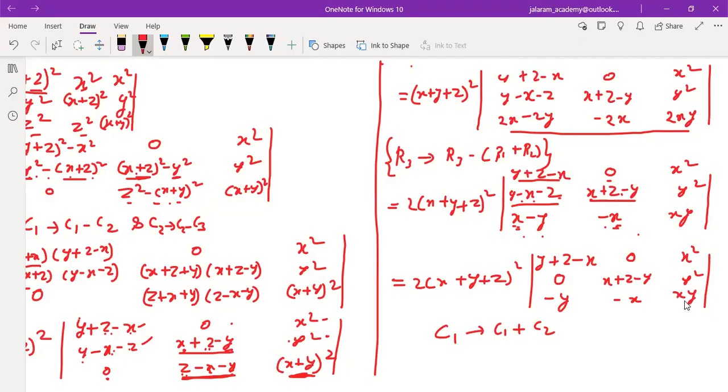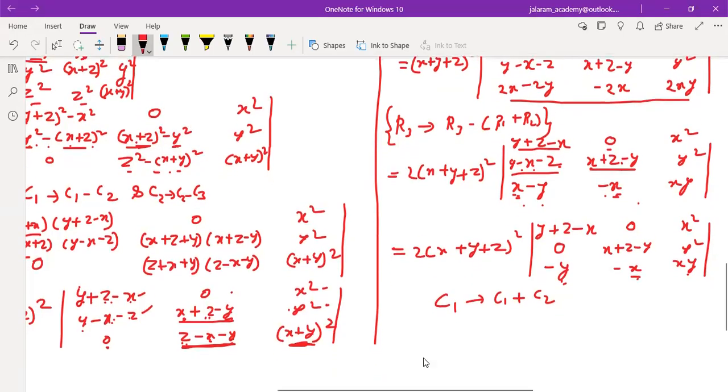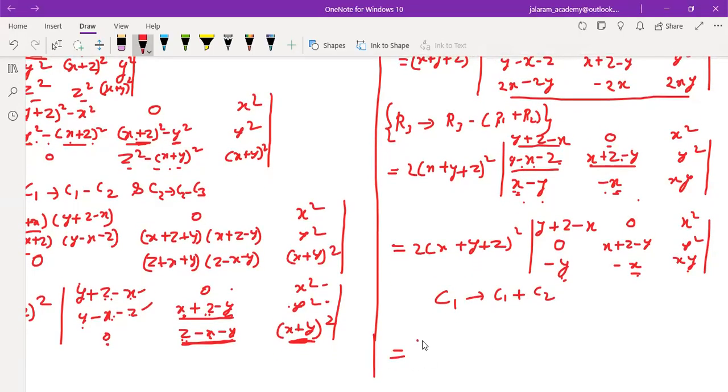Now if we look at the third row, we can multiply the first column by x to make minus xy. We can multiply the second column by y to make it minus xy. So there will be minus xy and plus xy in the three terms. So we can take xy common. To multiply, we have to divide also by the same element outside. So if we divide by x and multiply the first column by x, the first column becomes xy plus xz minus x square, 0, and minus xy.